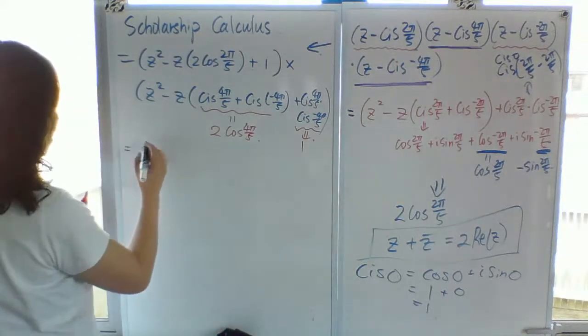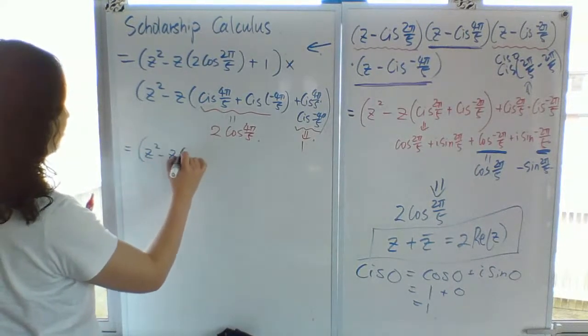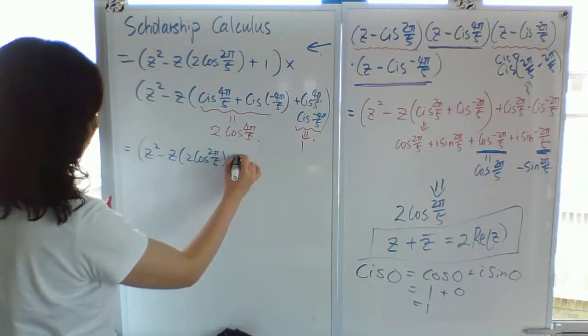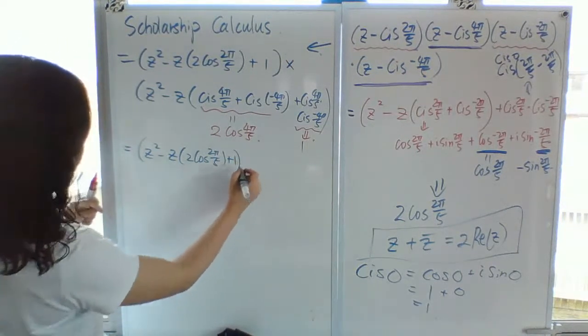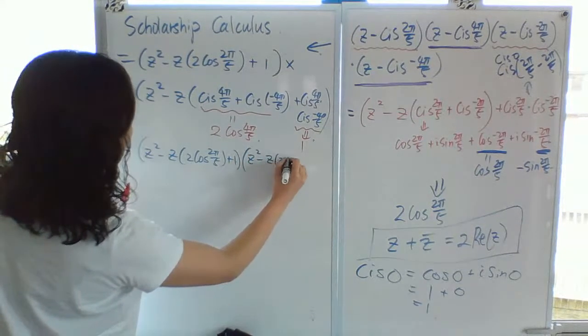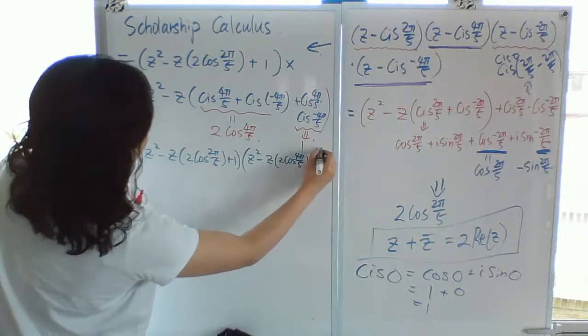So now I can tidy up a little bit. That will be z squared minus z times 2 cosine 2 pi on 5 plus 1, multiplied by z squared minus z times 2 cos 4 pi on 5 plus 1.